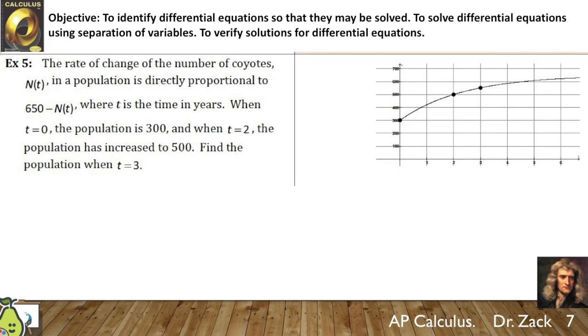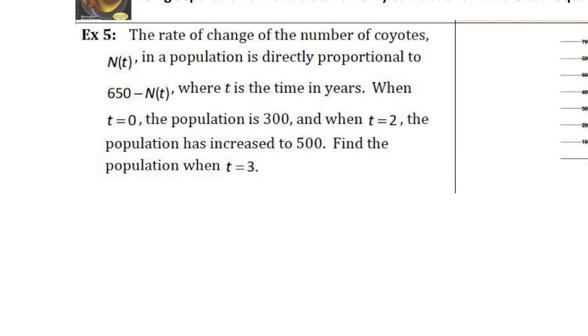So for example 5, we are looking for an equation for the population of coyotes. And we're told that the rate of change, so that's dN/dt, is going to be proportional. So we're going to put a k here to 650 minus N of t.